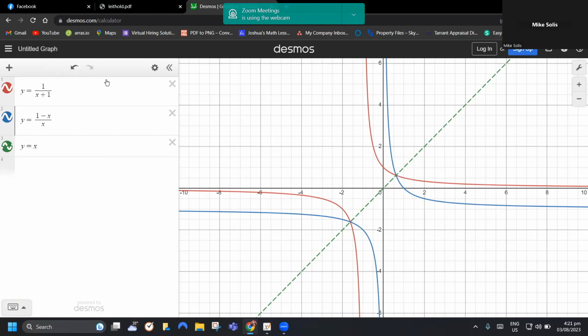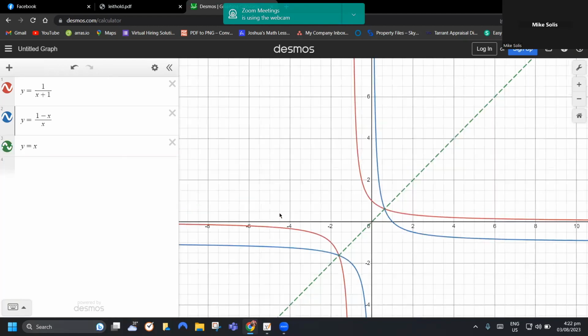Kasi ang titingnan natin yung mirror property along y equals x. So, palitan mo yan ng tangent x. Yung unang graph, iwan mo siya.